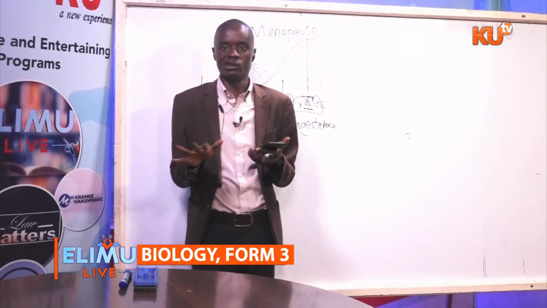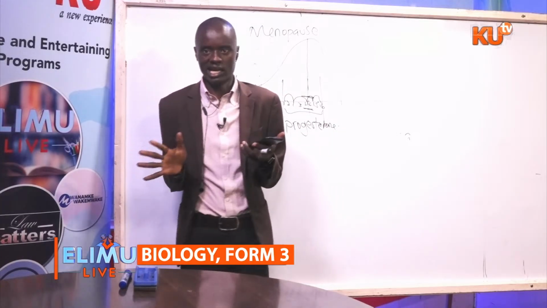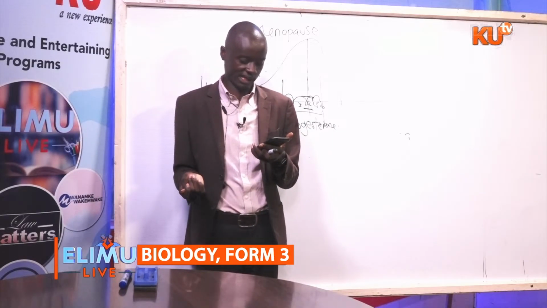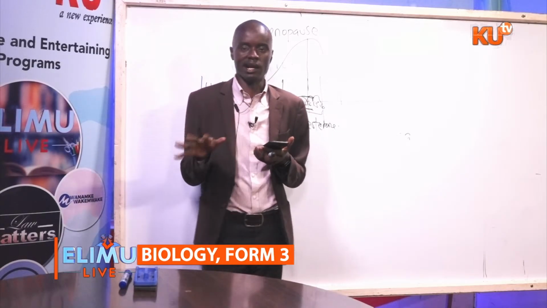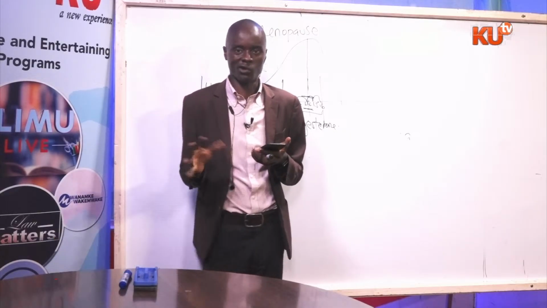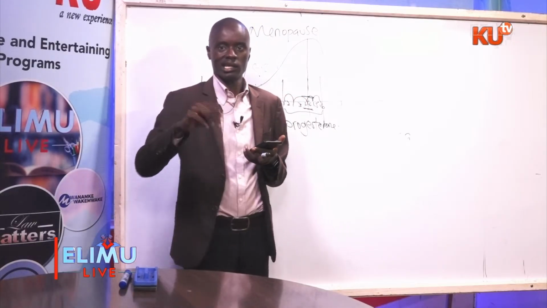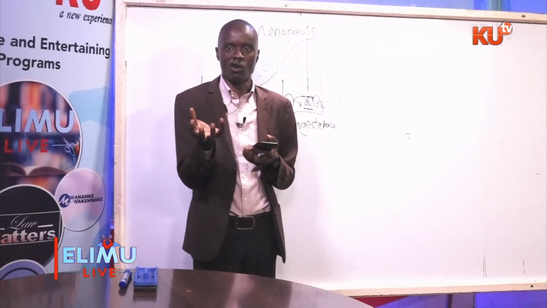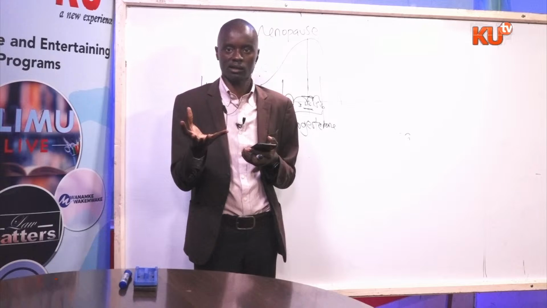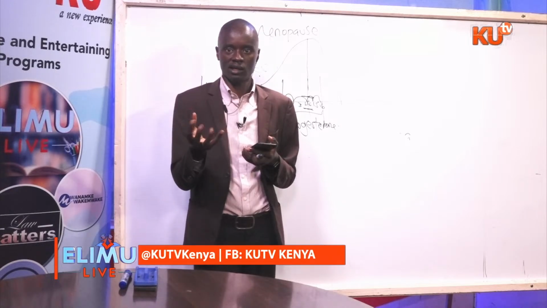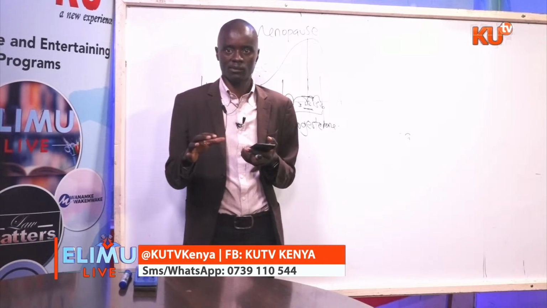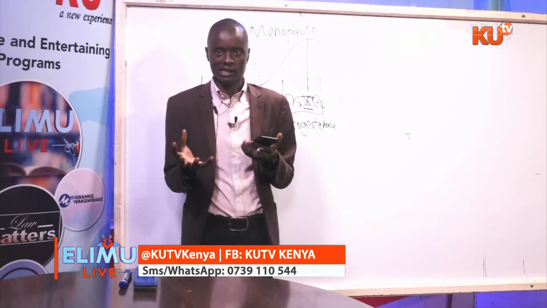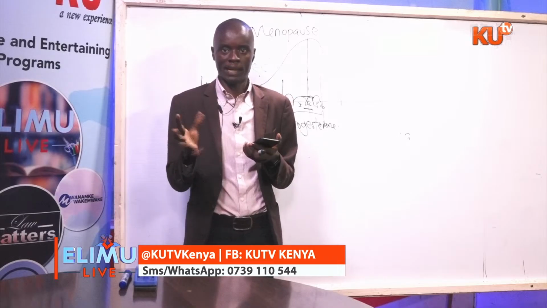Now, during this period, how will you know? Which are the indicators that you are almost into the menopause? Number one, it is characterized by a decrease in the number of Graafian follicles. And as we stated earlier, it is the Graafian follicles that contain the ovum. When they mature, the Graafian follicle bursts and releases the ovum.